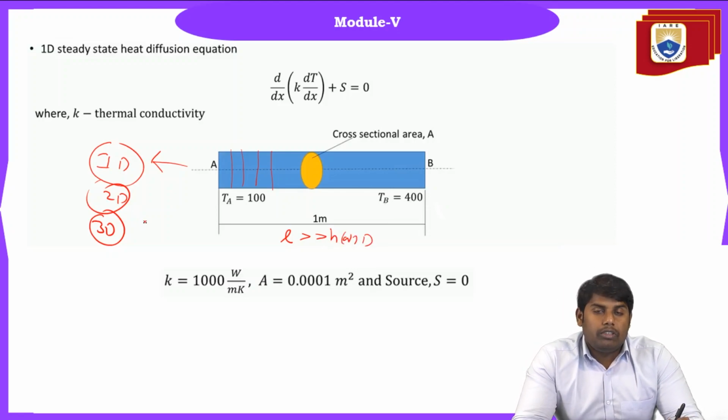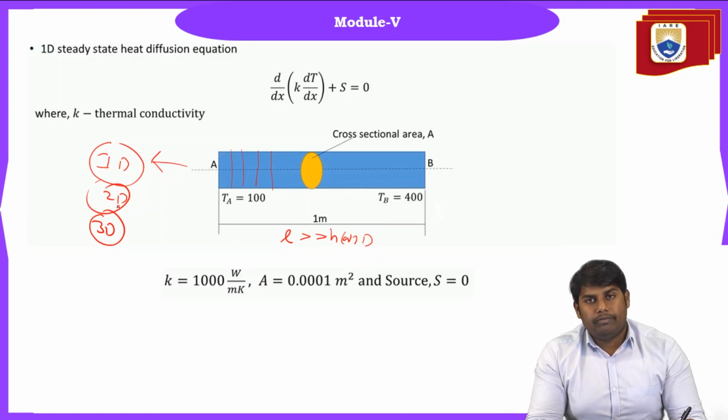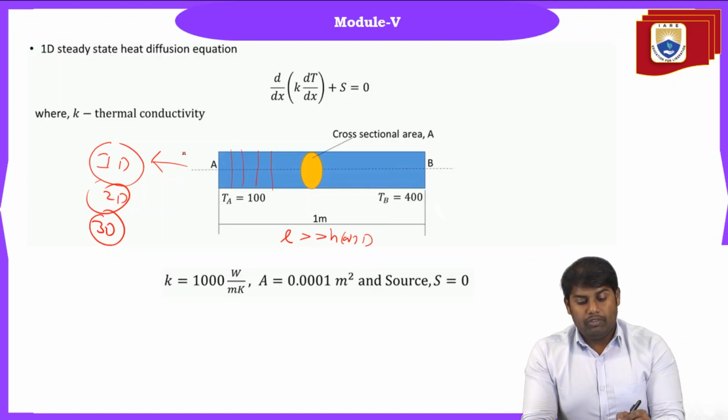So that element will correspond to 1D. So 2D is of length and height, which are of comparable size. For 3D, you will have the full-fledged, full-scale model. Fine. So this is 1D.